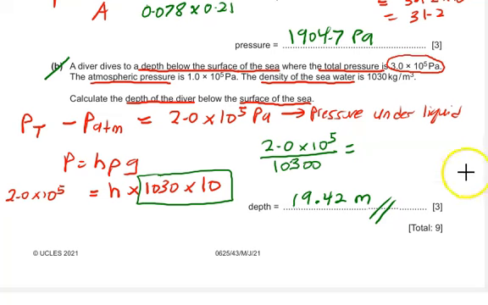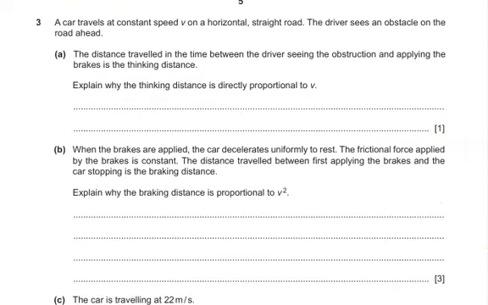I hope you can understand this one, guys. So the total mark for the second question is also 9 marks. For number 3, a car travels at constant speed v on a horizontal straight road. The driver sees an obstacle on the road ahead.